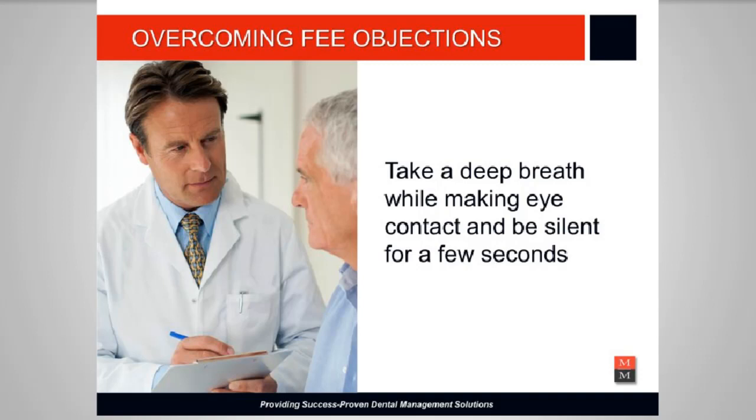And many patients will answer. Oftentimes they answer their own objections, or at least they give you information that you need, such as their friend went to Dr. X and was charged this amount, or my husband just lost his job, or we've had unusual medical expenses.